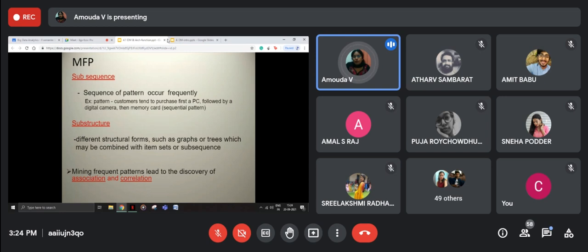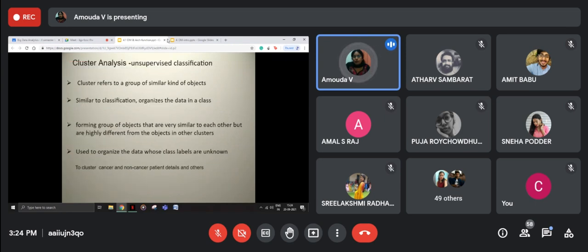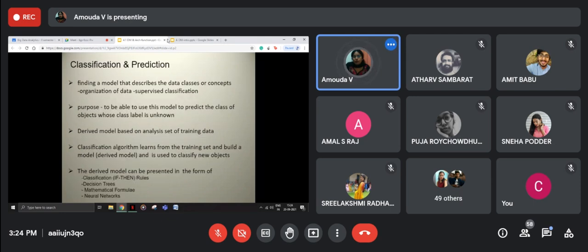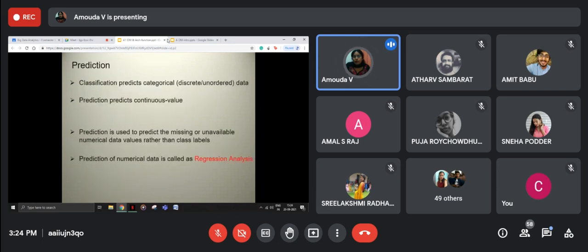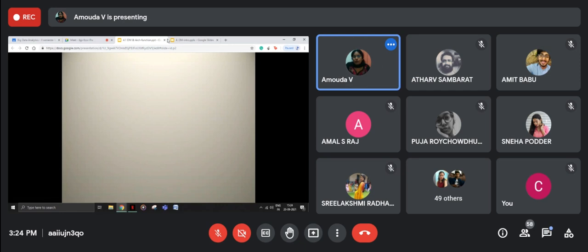I'm just introducing the words. Subsequence, substructure, association, all those things come into the picture. Finally, mining of association, mining of correlation, and cluster analysis, unsupervised classification, supervised classification, classification and prediction, outlier analysis. That's all, yet to be taken. This requires some explanation.